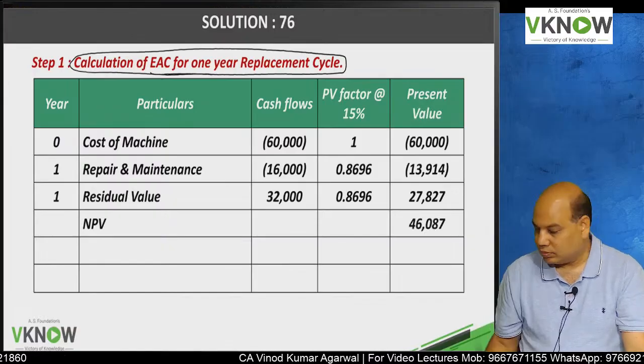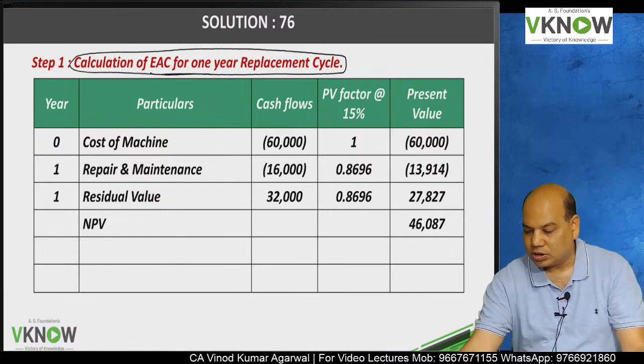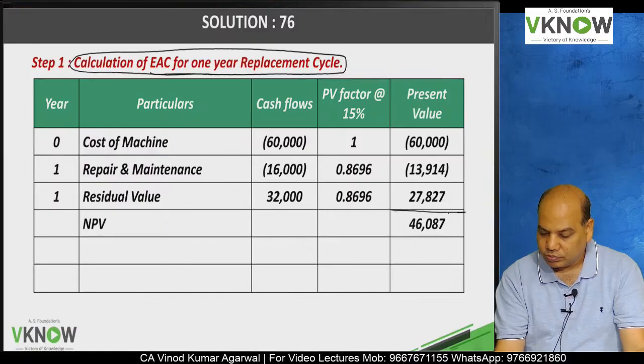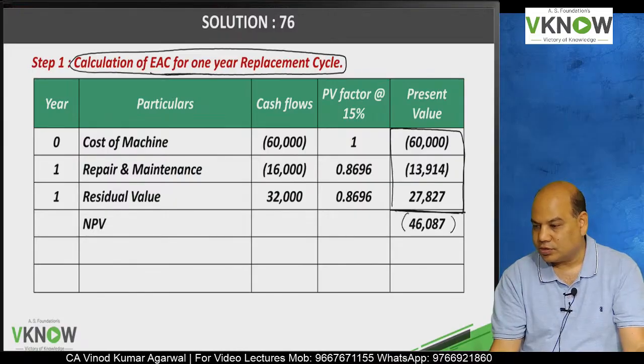My NPV means PV of cash inflow minus PV of cash outflow. So the net present value of all these 3 cash flows put together is an outflow of 46,087.